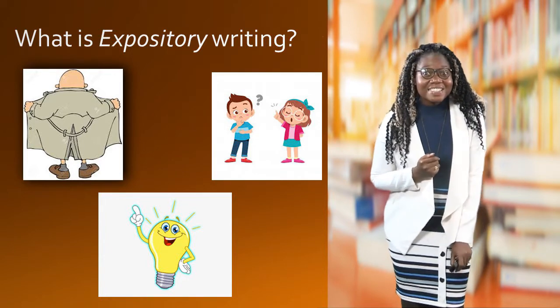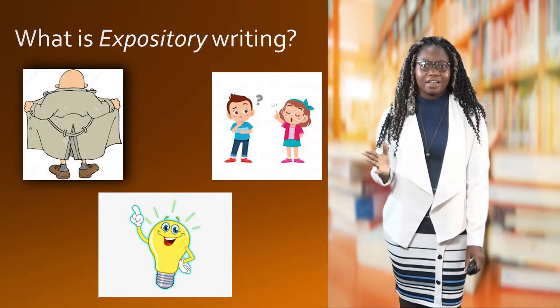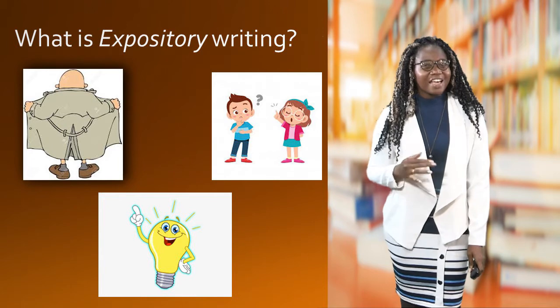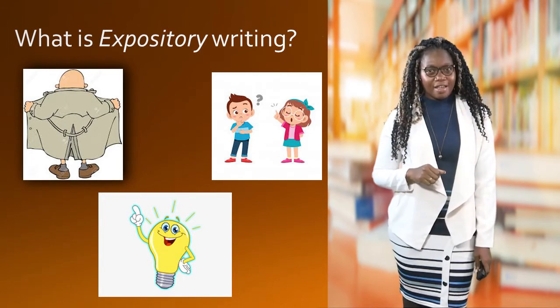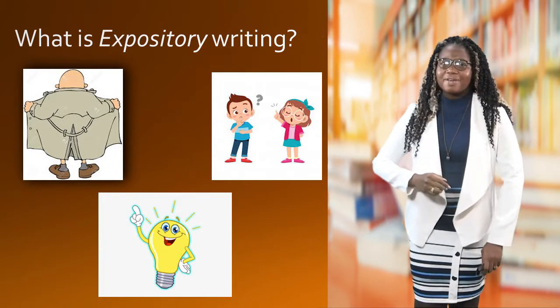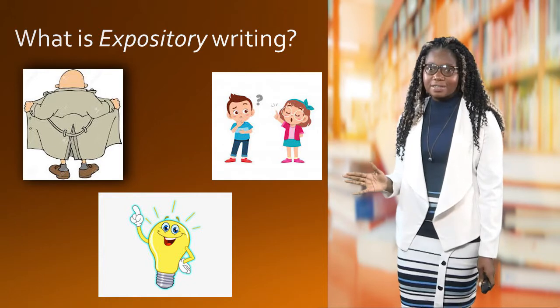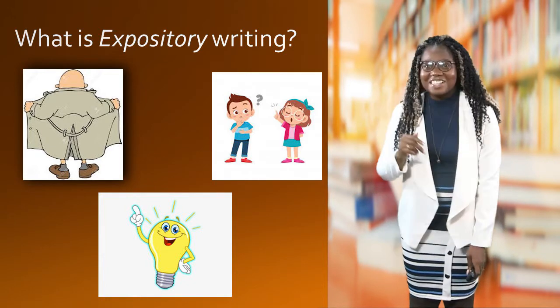There's a man who has exposed himself. So he is revealing. Can we have writing that reveals information? Here, the girl is explaining, and now there's a man exposing stuff. A light bulb has gone off.